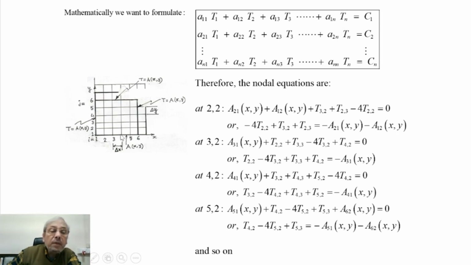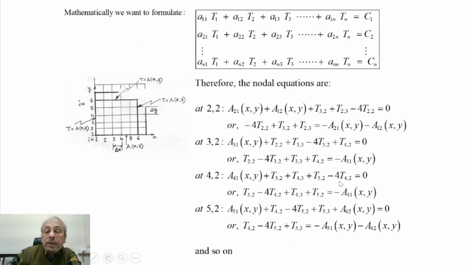This will be A41, which is known, plus A32, this point, plus A43, that means this point, plus T52 minus 4 times T42.